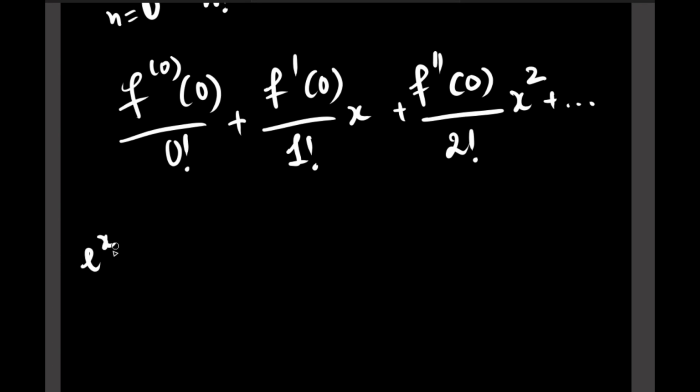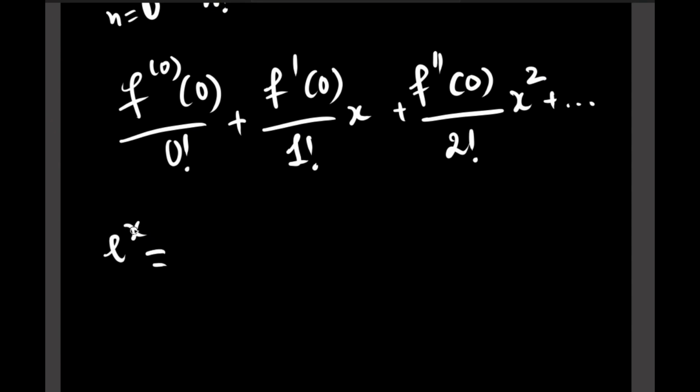So you can see that for e to the power of x, no matter how many times you differentiate it, it's always going to be e to the power of x. And for the Maclaurin series, x is always centered at 0, so e to the power of 0 is always equal to 1. Because of that, we can easily come up with the Maclaurin series for e to the power of x.